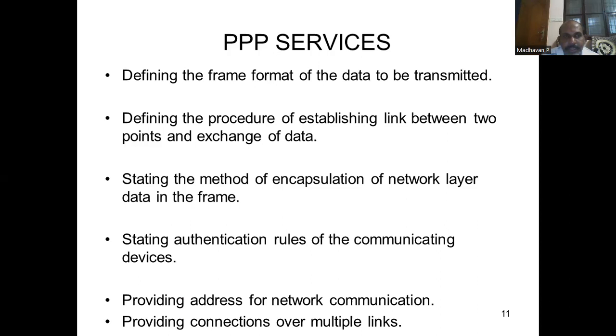It states how the frame format is to be defined in PPP, what sort of procedures are to be incorporated for establishing the links and for connection termination, and how address negotiation is to be done, how encapsulation of data, converting the datagrams to frames, what techniques are to be adapted, how to provide authentication support, how to provide connections for multiple links, etc. So these are all the different services provided by PPP.